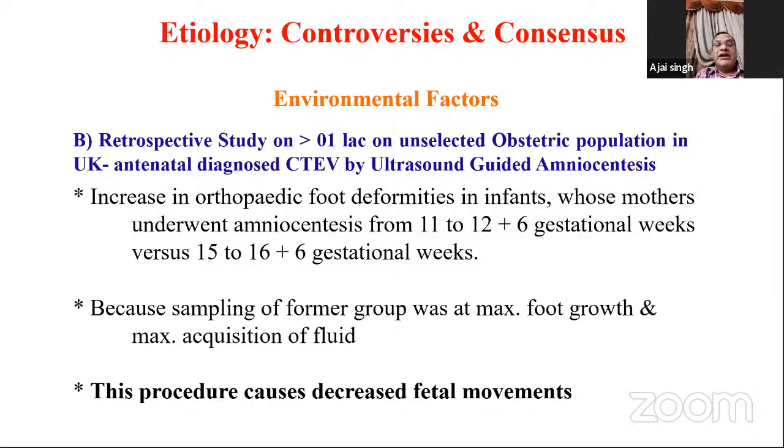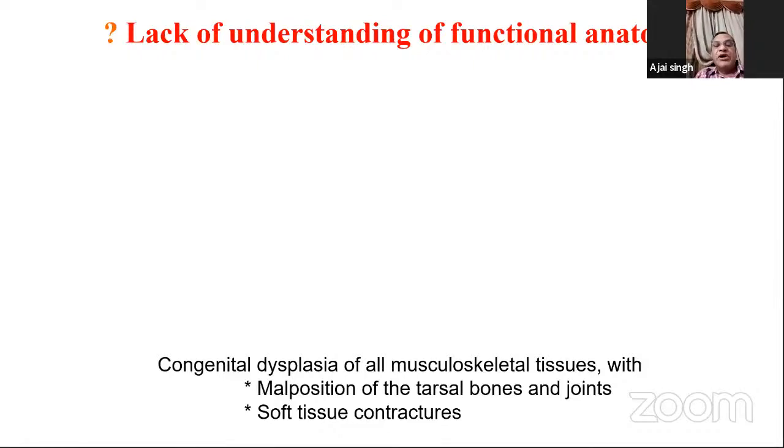They found that there is an increase in orthopedic foot deformities in infants whose mothers underwent amniocentesis at 11 to 12 weeks versus 15 to 16 plus or minus 6 gestational weeks. So the earlier we do the amniocentesis, the higher the chances of clubfoot. This is our observation because the sampling of the former group was during maximum foot growth.